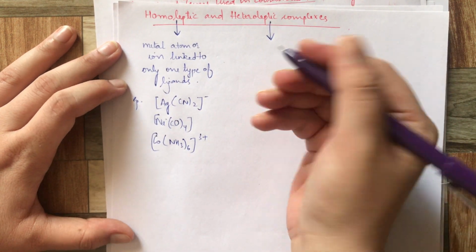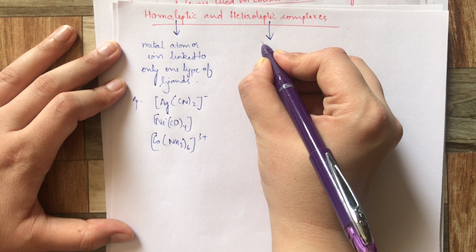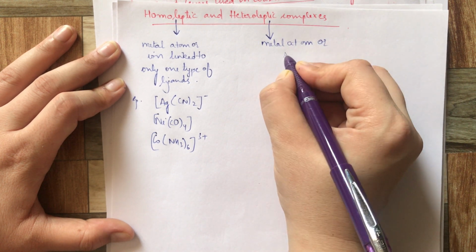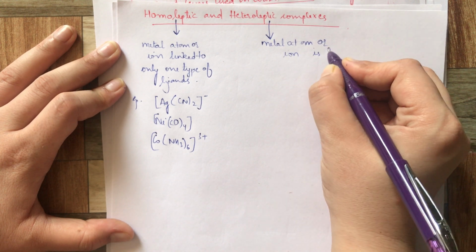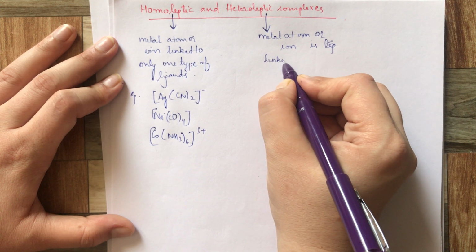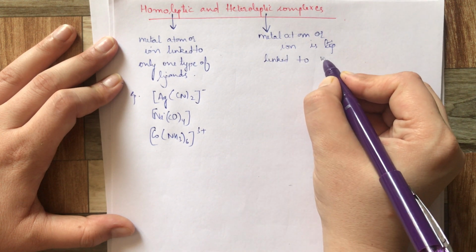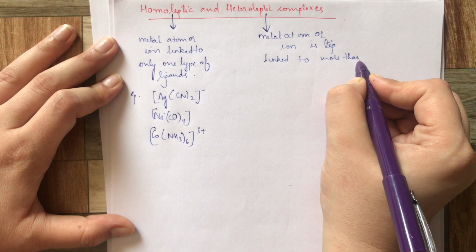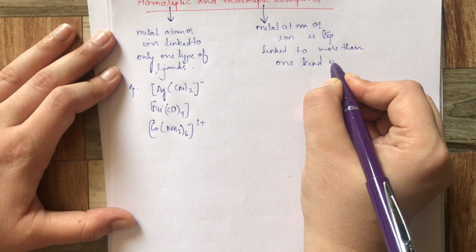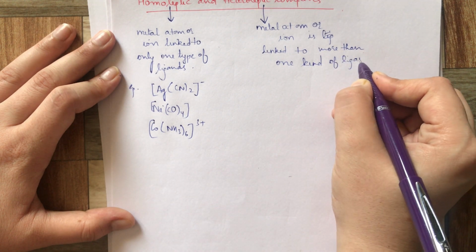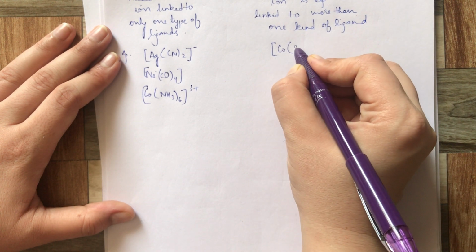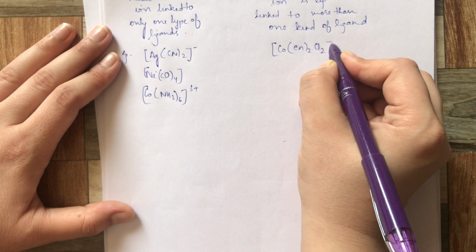If we talk about heteroleptic complexes, the metal atom or ion is linked to more than one kind of ligand. For example, Co(en)2Cl2.